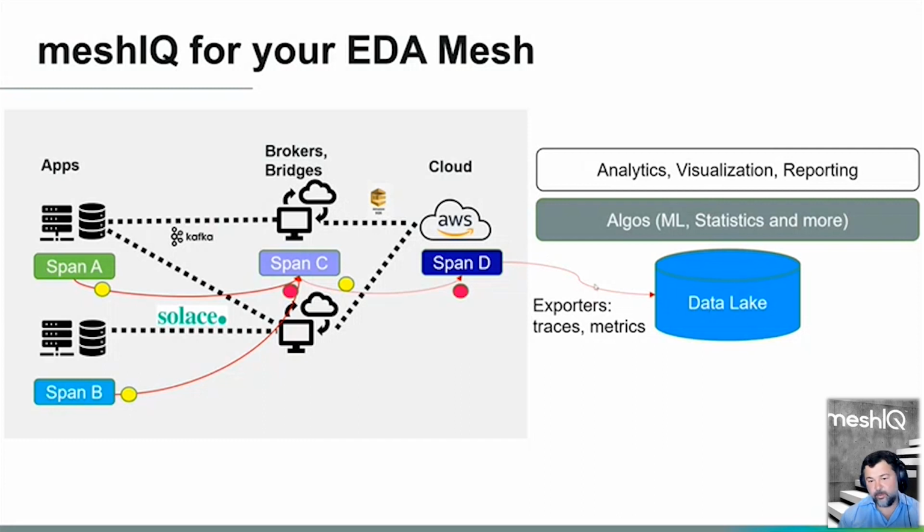Now, we at meshIQ provide a way to do that, including the instrumentation and Open Telemetry exporter that allows us to take the metrics out, pipe them into the data lake, and apply all kinds of analytic searches and statistics that allow you then to visualize your Open Telemetry ecosystem.